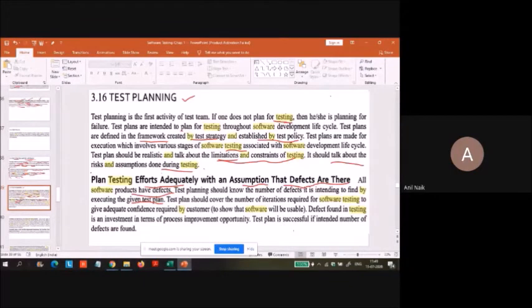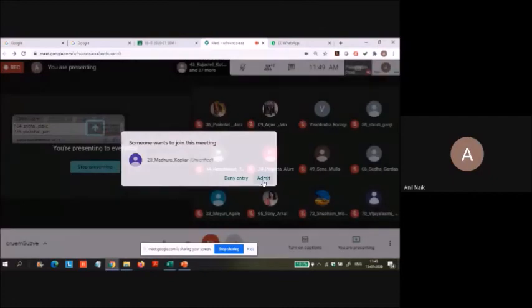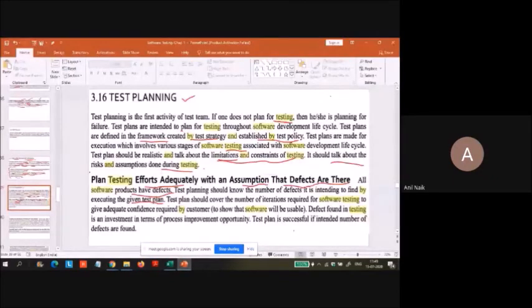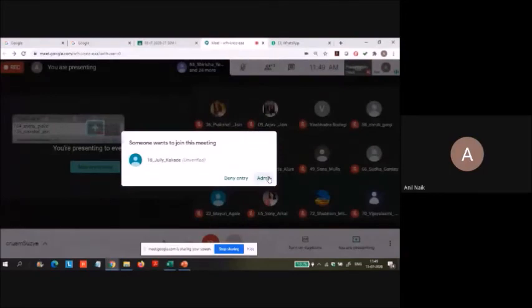First we should assume that, because no one is perfect, this software product has defects. So you have to plan the testing efforts adequately with the assumption that defects are present in the software product.